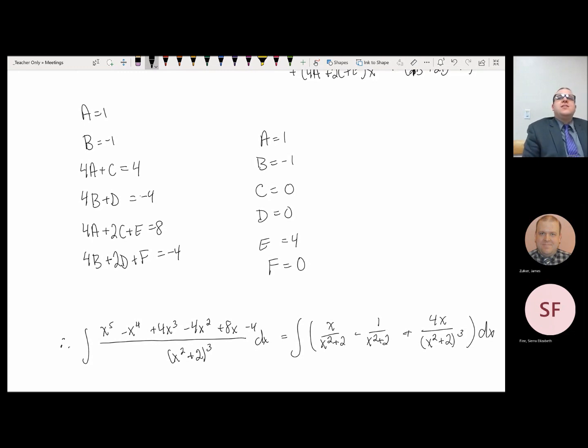And you count your lucky stars that it was E that was 4 and not F. Because if it was F, that last term would be 4 over x squared plus 2 cubed, which is trig sub. The fact that it's 4x makes it U sub.